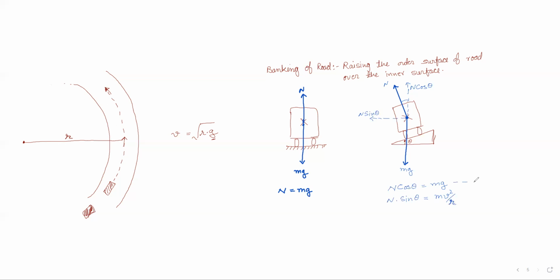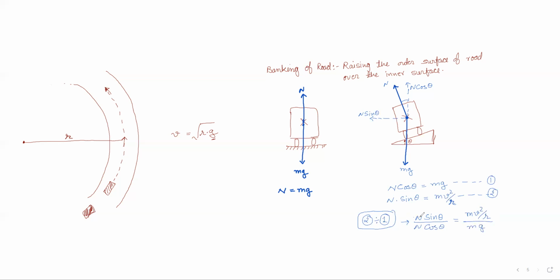If I call this equation number 1 and this equation number 2, and we divide equation number 2 by equation number 1, we find that N sine theta divided by N cos theta is equal to mv square by r divided by mg.